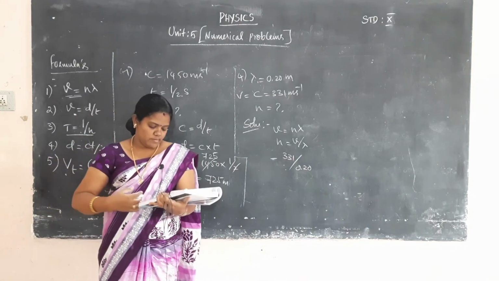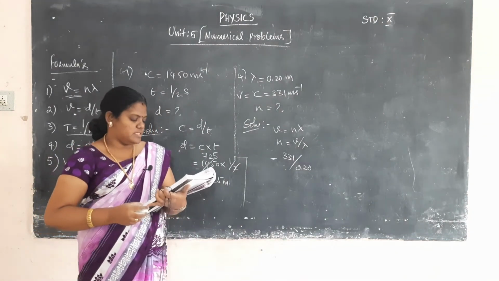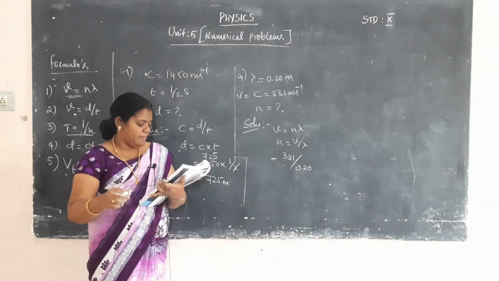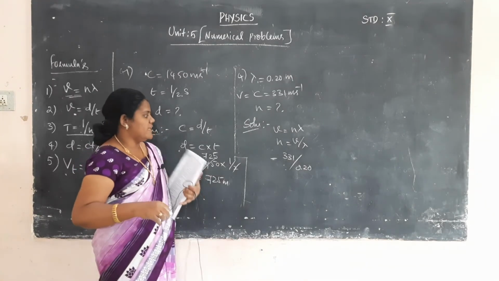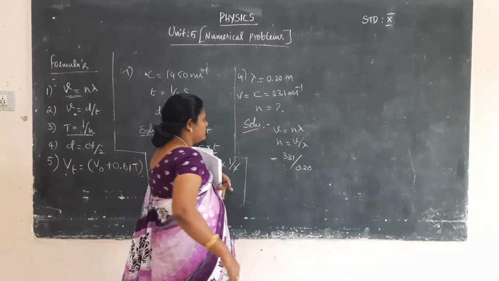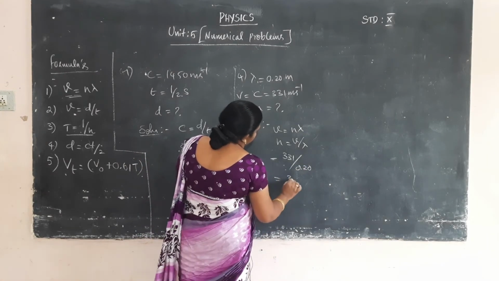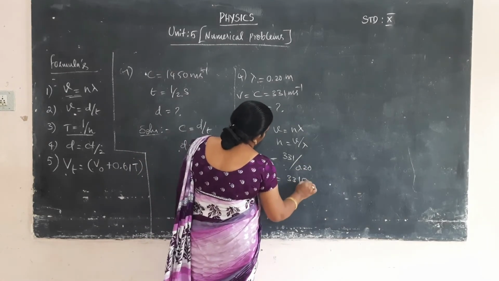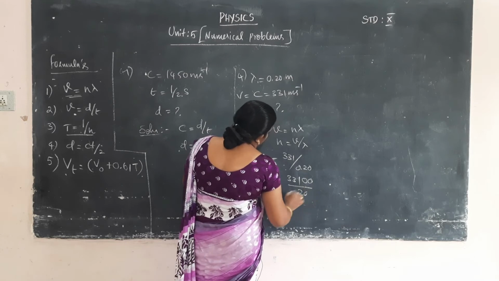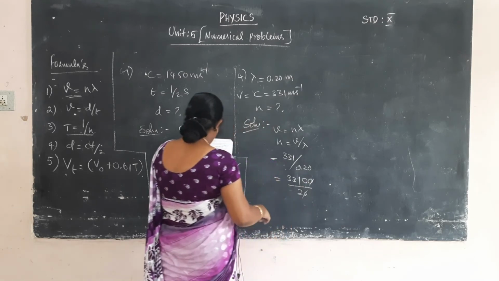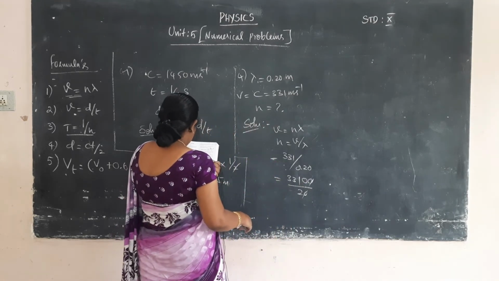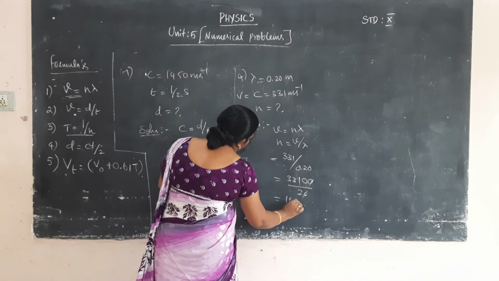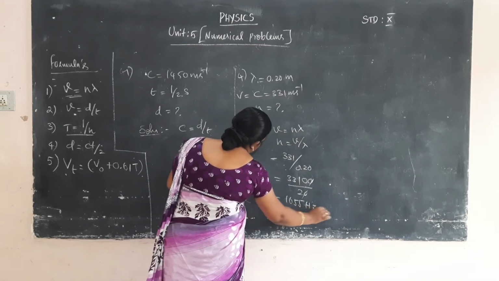Now we can easily calculate 331 by 0.2. Multiplying up and down by 100, 331 by 20. So the value is 1655 Hz.